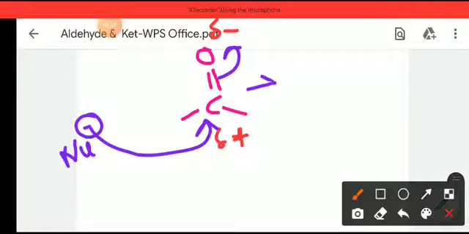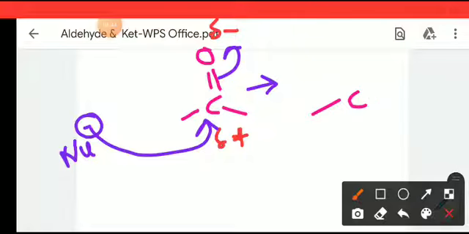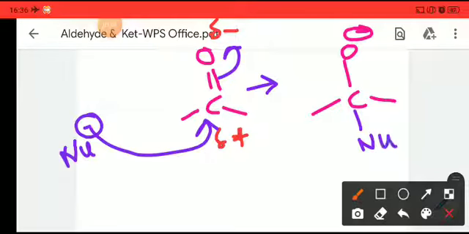So here, let me assume, it is C single bond O, and the double bond is not here now because of the five bonds. These bonding electrons will be on the oxygen atom, and a single bond will be there that consists of the nucleophile. So this kind of mechanism will go on when a nucleophile attacks a carbonyl compound.